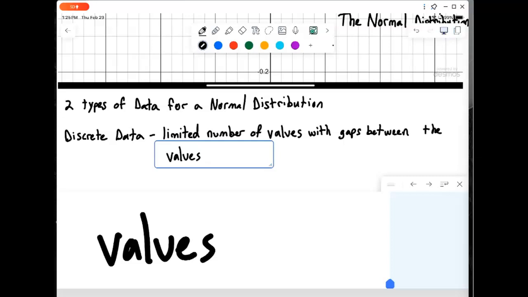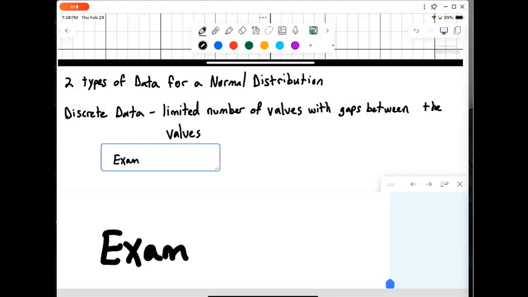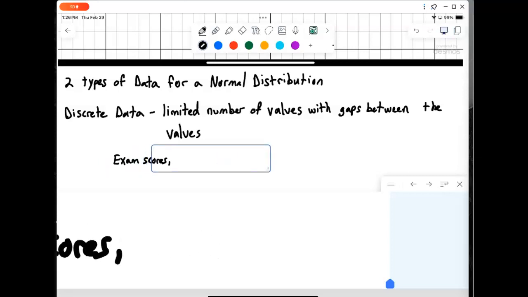They don't go down to hundredths of a point or thousandths of a point. There's always going to be some limit there. So, again, some examples: exam scores. A big one we're going to look at in a little bit: SAT test.